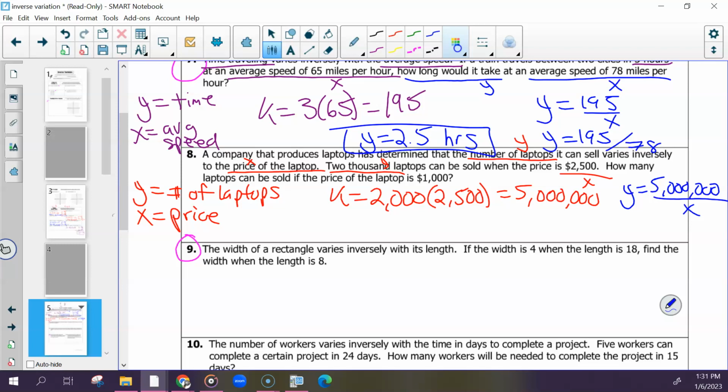Then how many laptops can be sold if the price of the laptop is 1,000? So what are we looking for? X or Y? Y. We're looking for number of laptops because they tell us the price.